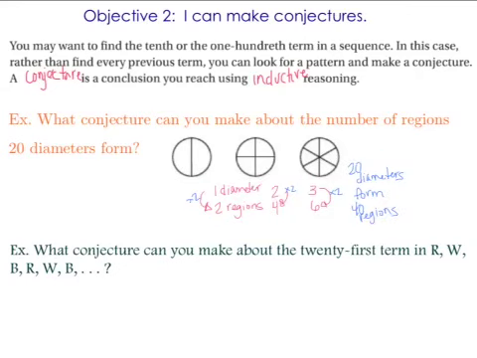In the second example, it says, what conjecture can you make about the 21st term in RWB? So we want to find the 21st term, and we have 3 terms that are being repeated, RWB, RWB.